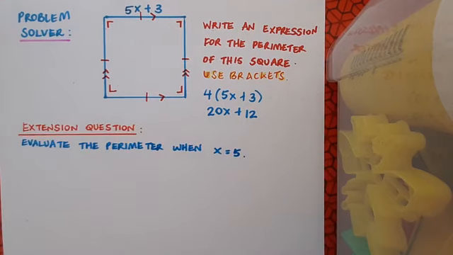And here's an extension question for you. Evaluate the perimeter of the square when x equals 5. Pause the video here, evaluate, and then play and check if you're correct.